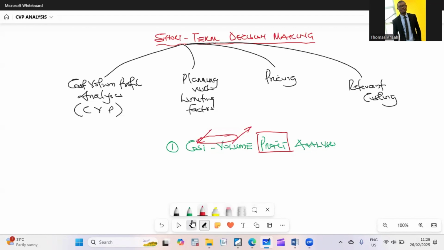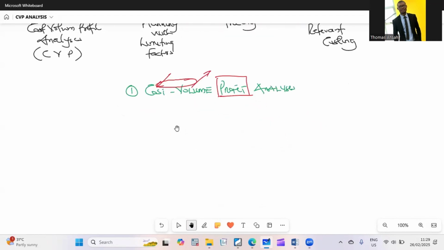But before I go on, there are certain things that you must know, because first of all, we have explained that a CVP is actually a marginal costing thing. The truth is that if we have costs, we have variable costs and we have fixed costs, right? Whether production or non-production, these are costs.